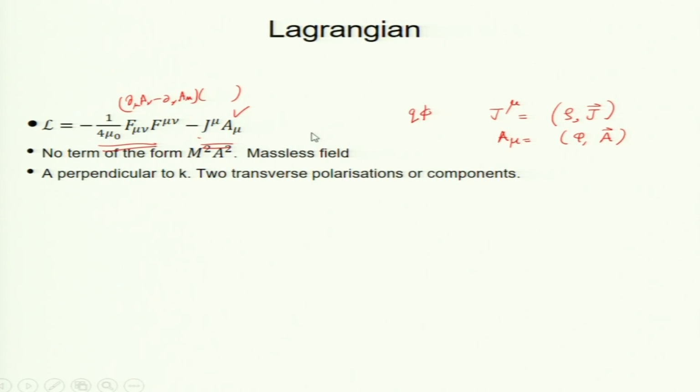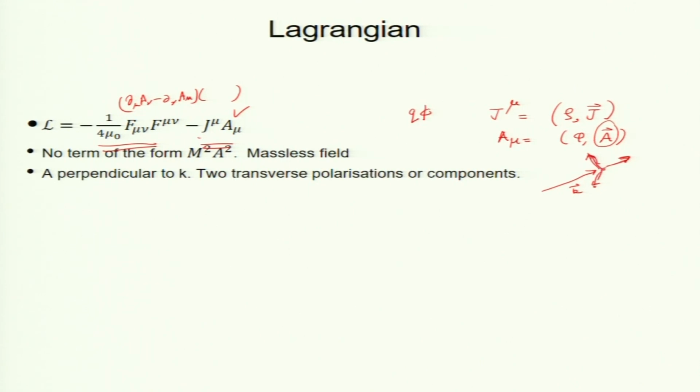And one more constraint which comes in electrodynamics is, for a given wave vector k in Fourier space, I could have 3 components for A, right. If I do the Fourier transform of this vector A, then I can have 3 components, but it turns out we have only these components, the longitudinal component is 0.